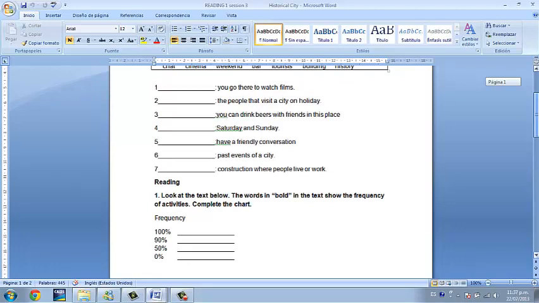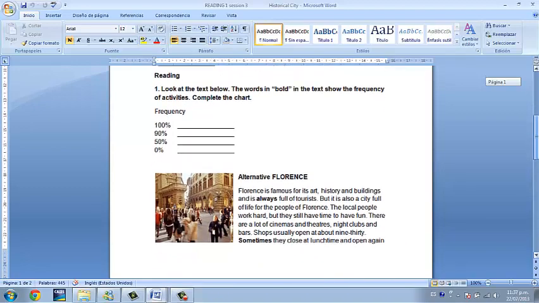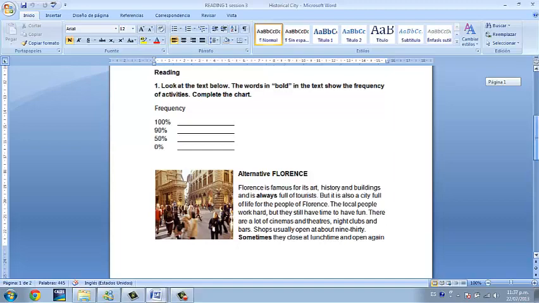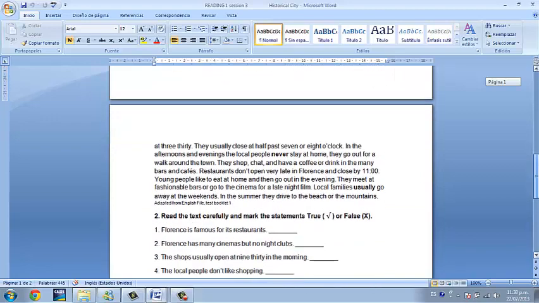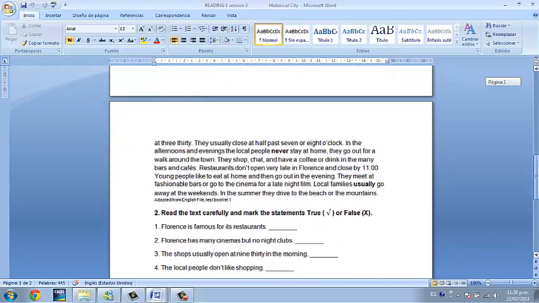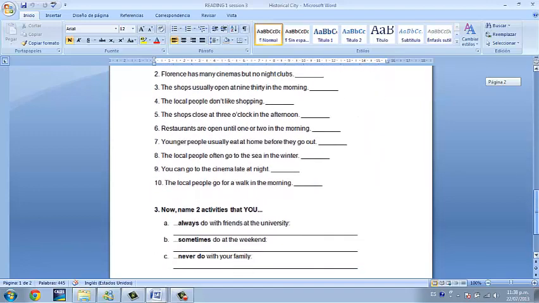They could respond like 100% I go to the cinema, or not that often, like 50%, and so on. Then they have a reading comprehension, applying the frequency adverbs, and they are asked to answer true or false.